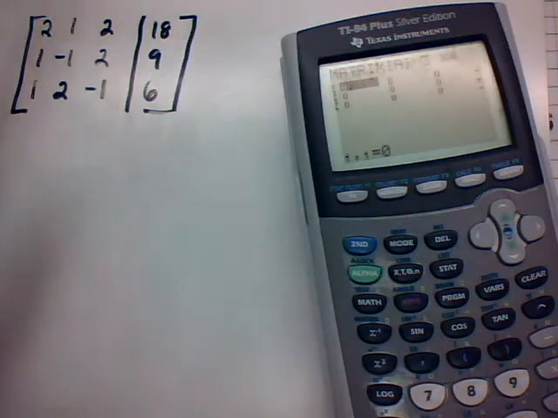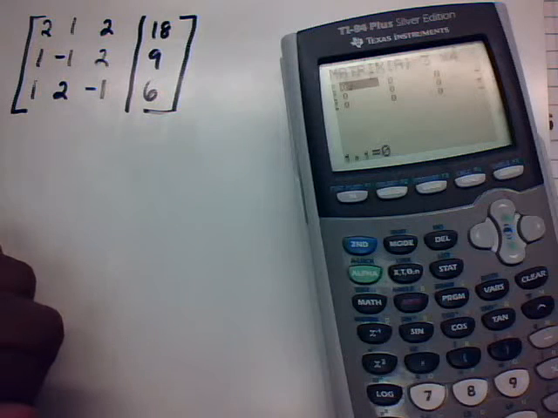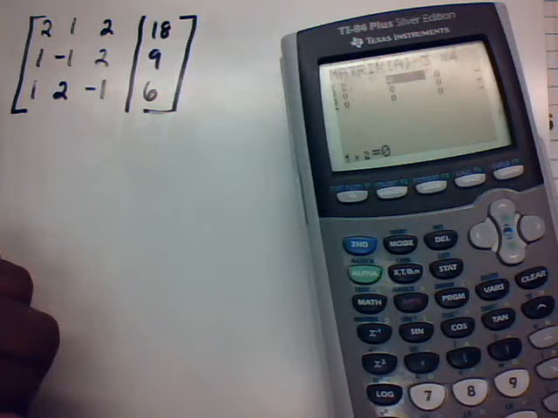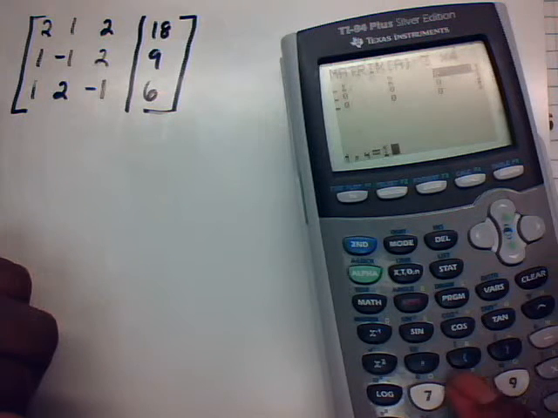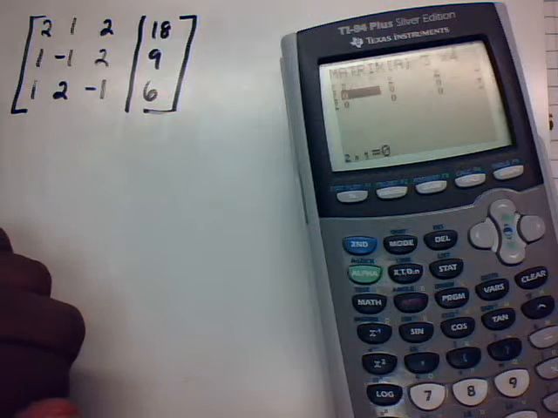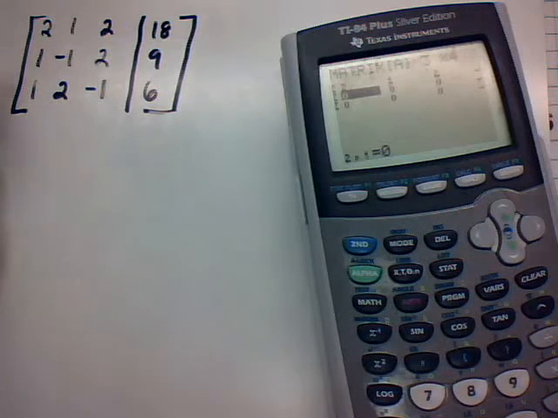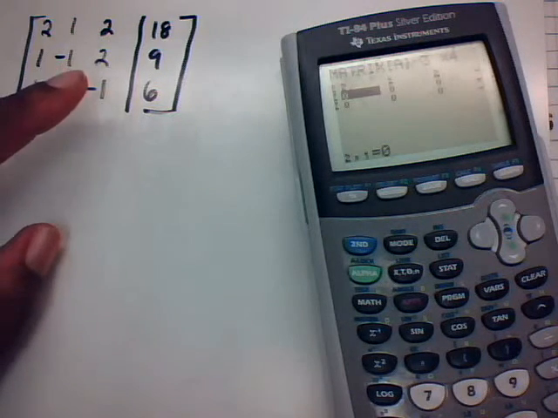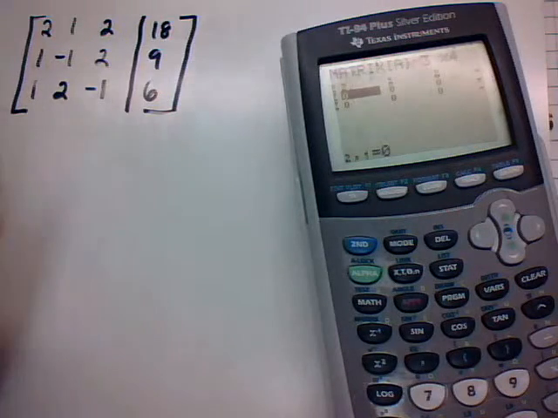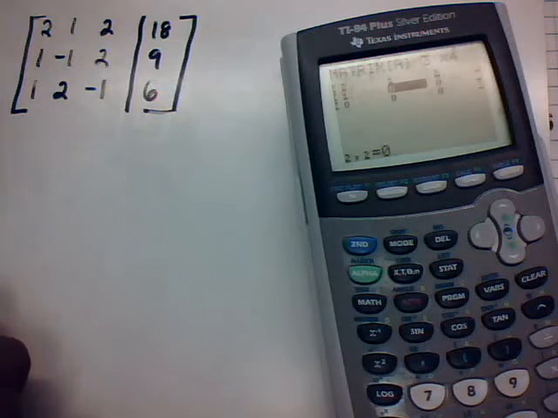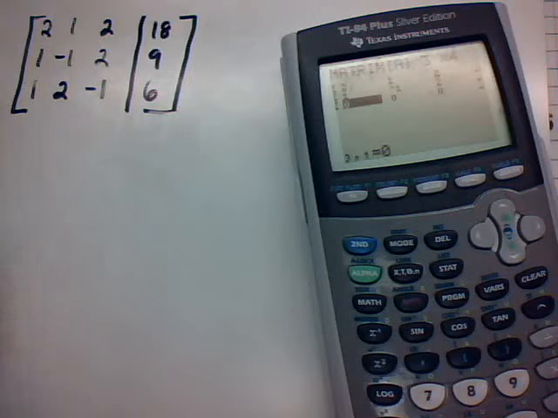So enter 2, then enter, then type in 1, then enter, then 2, enter, and then 18, enter.